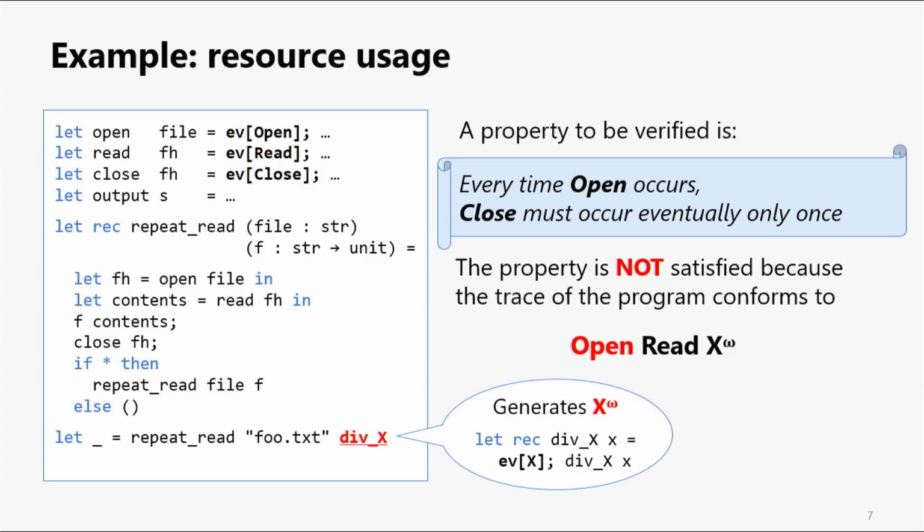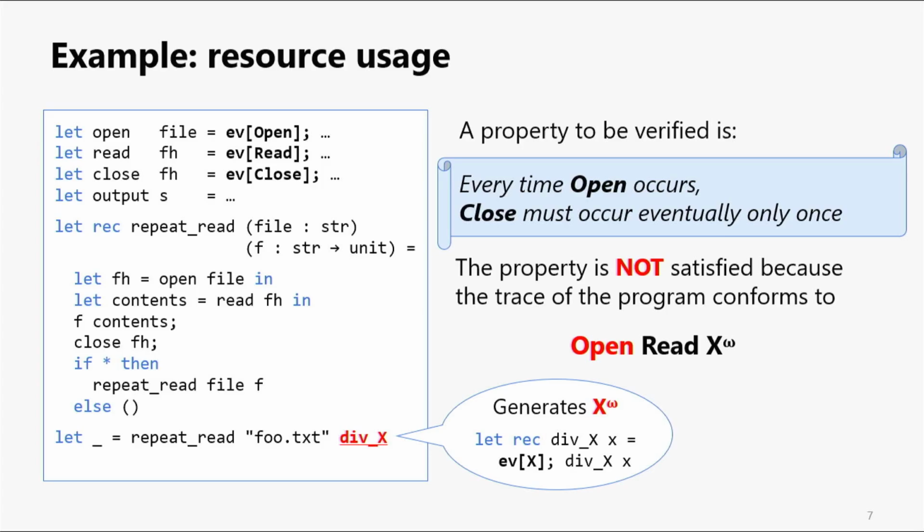But of course, the behavior of the program depends on the second parameter to the main function. Now consider a diverging function, which raises some event x infinitely many times.